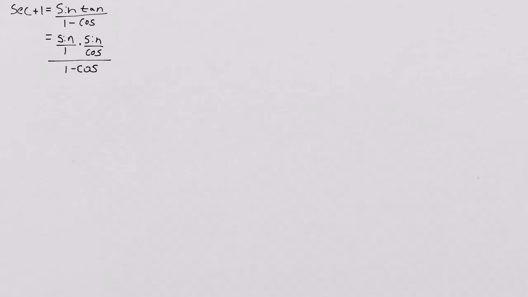From here, we're going to have to multiply my fractions on top. Well, when I multiply straight across, I'm going to get sine times sine is sine squared over cosine, all over 1 minus cosine. And I'm just going to put that all over 1 because we can do that.